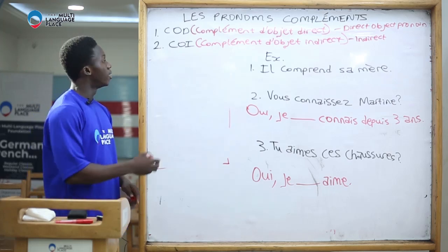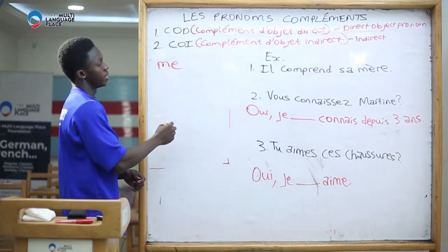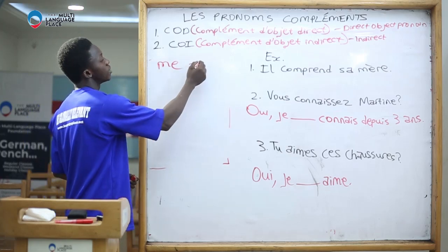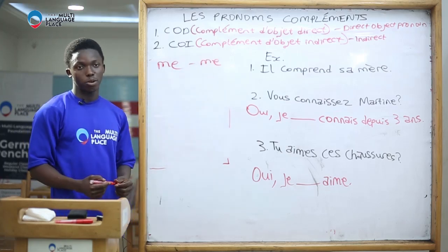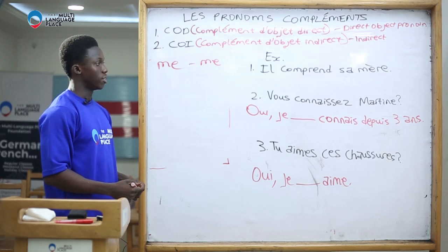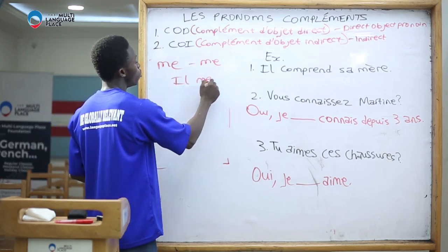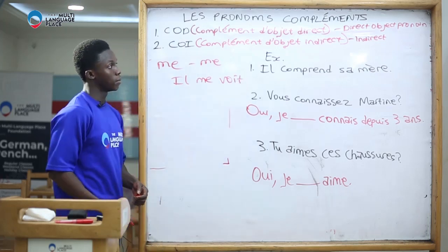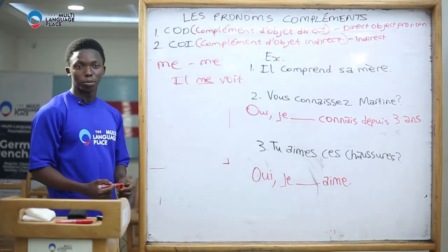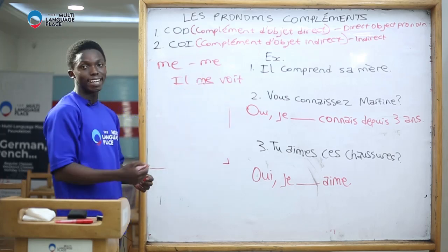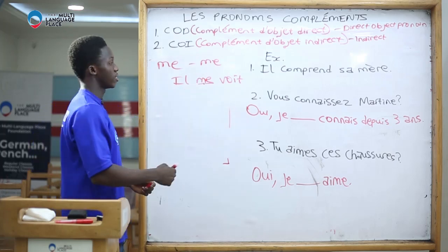The first one, me, means me in English. For example, if I say il me voit, me is a complément d'objet direct. This is a direct object pronoun in French.